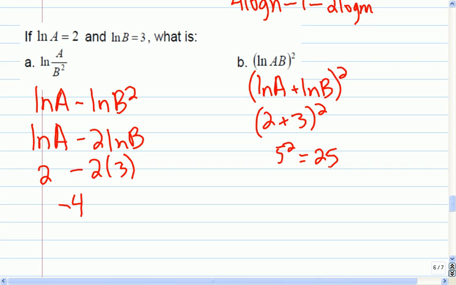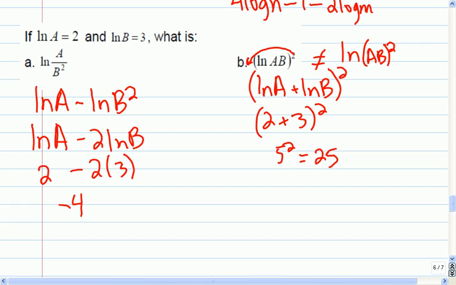So one of the common mistakes that students make is they mistakenly move that exponent to the front. That's not the same thing as the natural log of ab squared, because it's saying do the work in the brackets first and square it. Right? They're not the same. So the only reason that's there is to bring it to your attention. You can't move that exponent to the front just yet the way it's written.